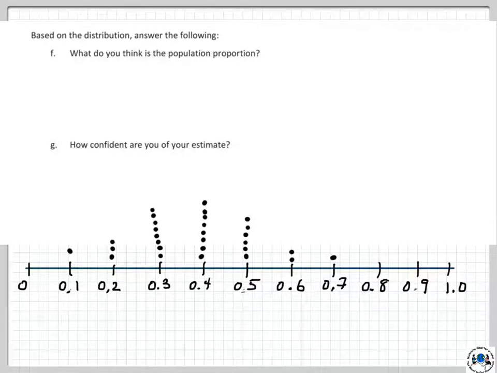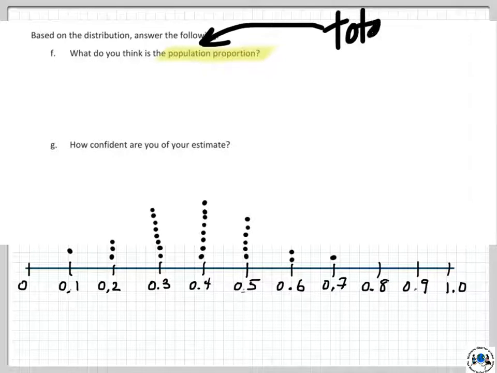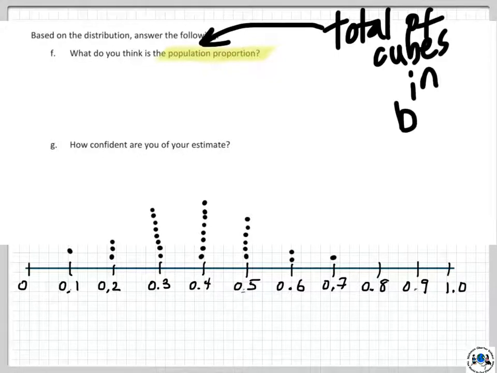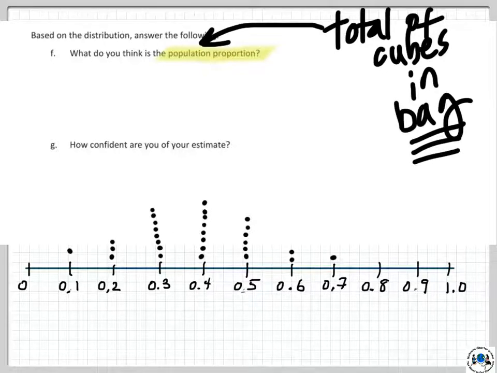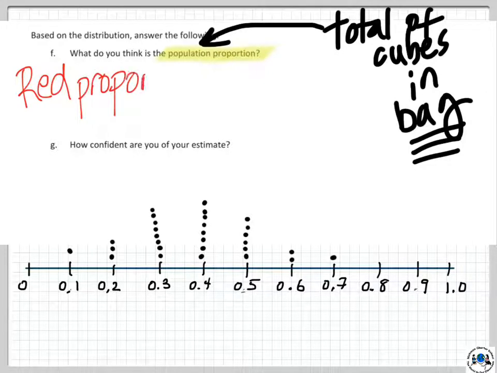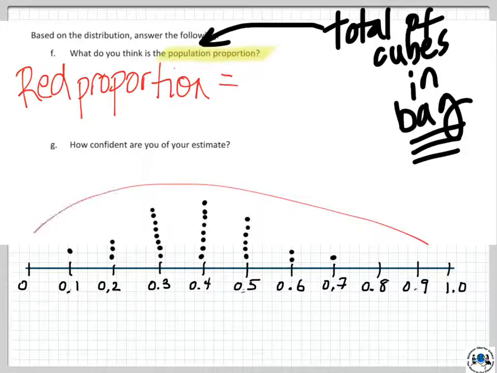The population here is the total of the cubes in the bag, and we don't know how many there are. I haven't told you that yet. What do you think the population proportion is, and again, we're talking about red now? What do you think that red proportion might be? You're going to base it on this distribution down here. So what might you say?